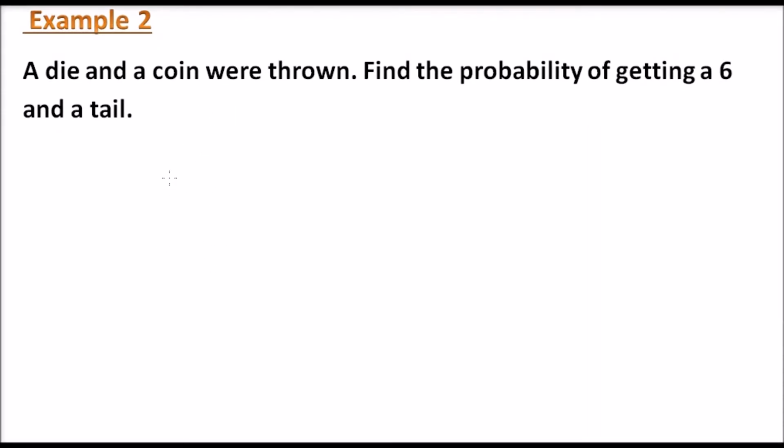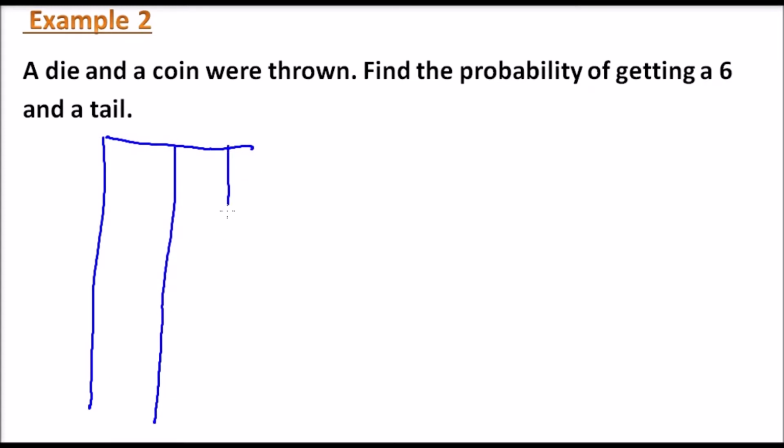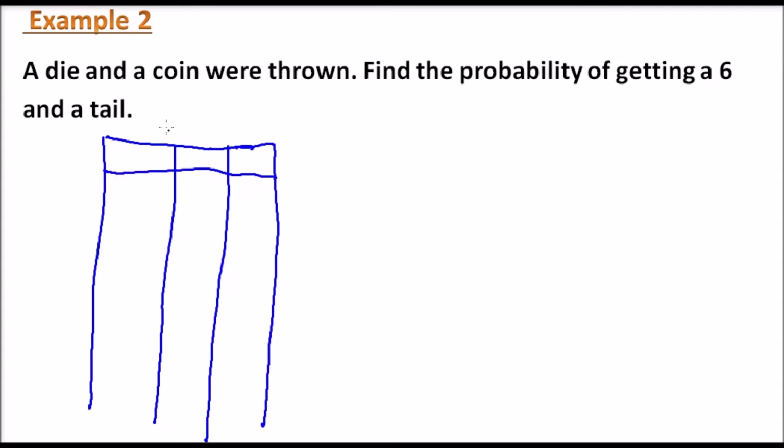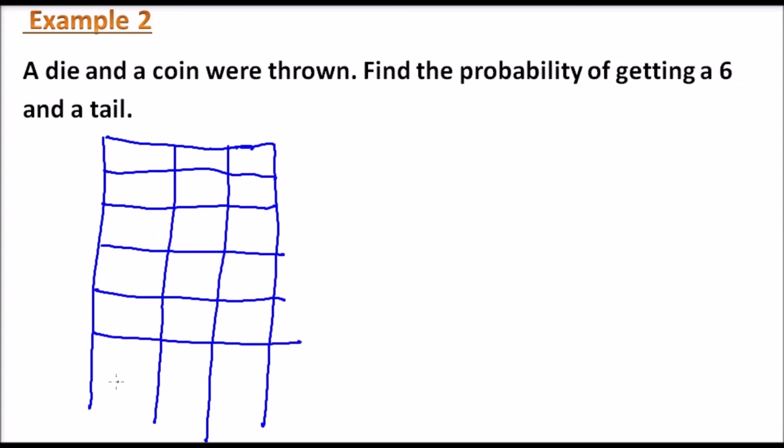Another alternative is that we can make a table like this. Here is the dice, 1, 2, 3, 4, 5 and 6, and here we have the head and the tail of the coin.